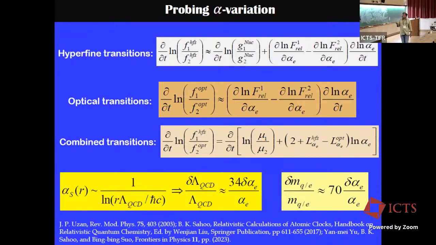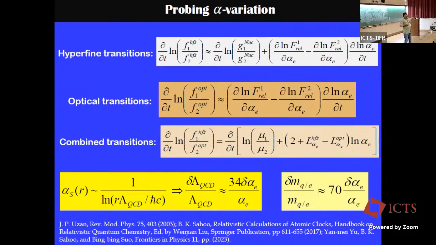So if you are trying to measure the ratio of two clock frequencies, and you believe that alpha or these quantities vary over time, then you can use these sensitivity coefficients due to alpha. From these measurements, and this has to be calculated using theory, if you combine that, then from there you can predict whether alpha varies over time or not.